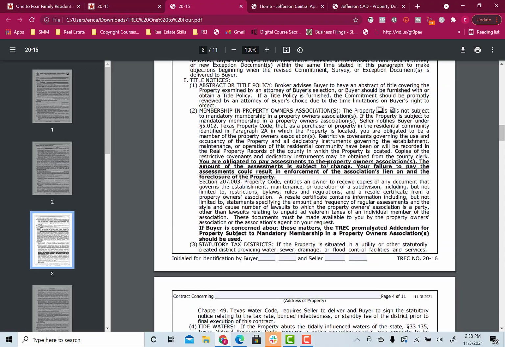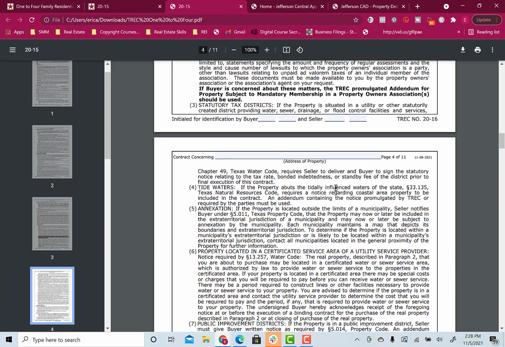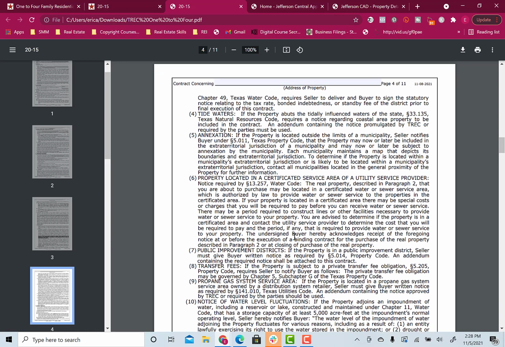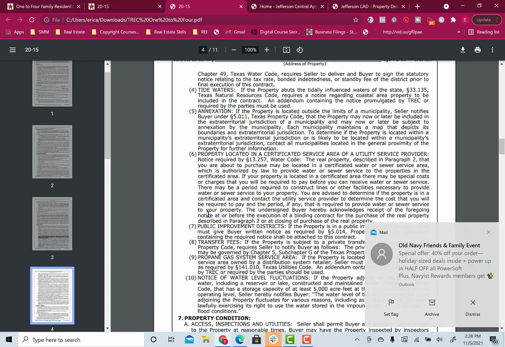Now, the additional things that you would need, this has to do with statutory, the water code and tide waters, if you're going to be within a certain sea level of the sea. And so it's important for you to read through these things that have to do with all the flooding and all of that.